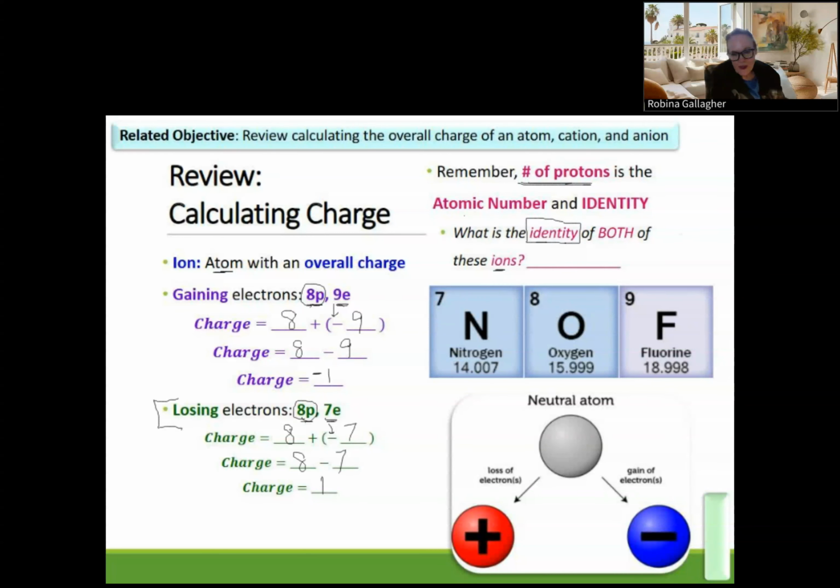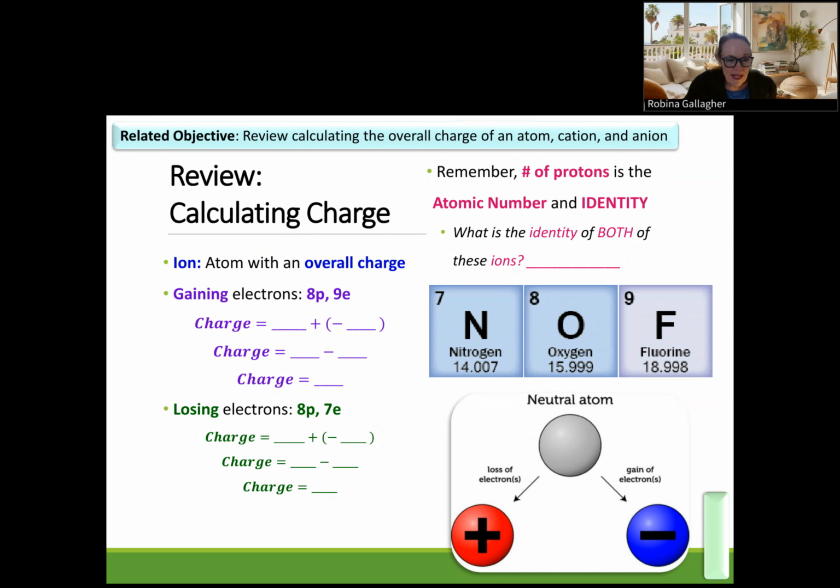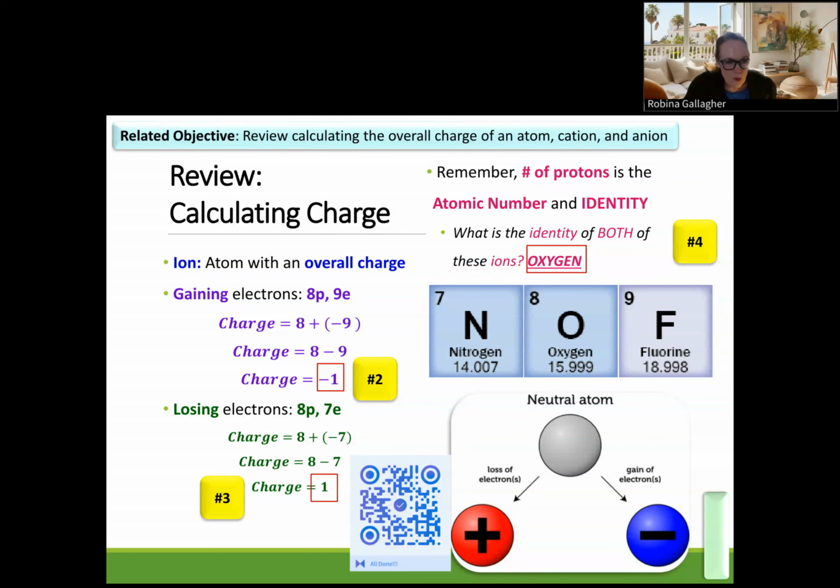Do you guys remember how to do that? Yeah, it is oxygen. I know that because with 8 protons, I look at the atomic number. And that is the answers to questions 2, 3, and 4.